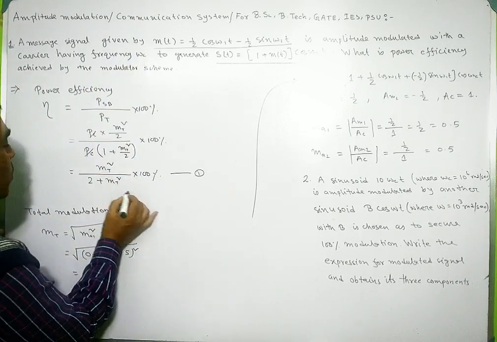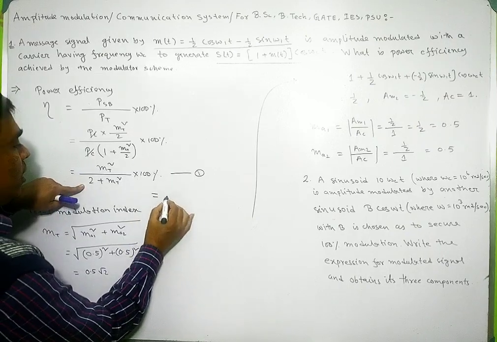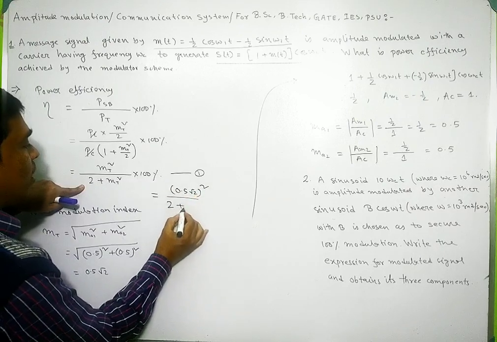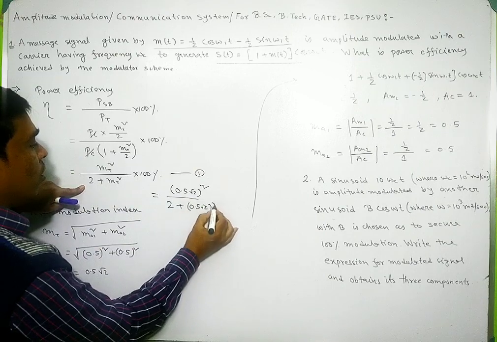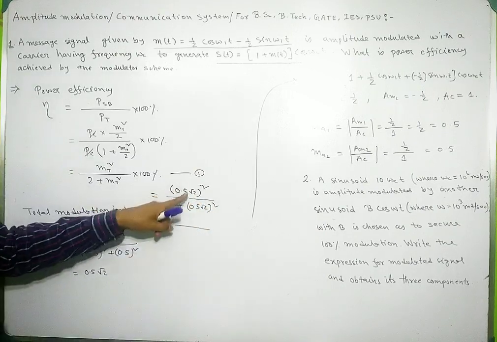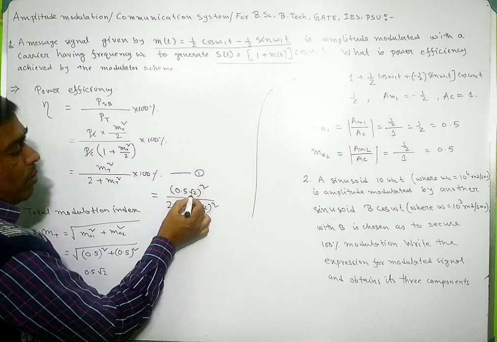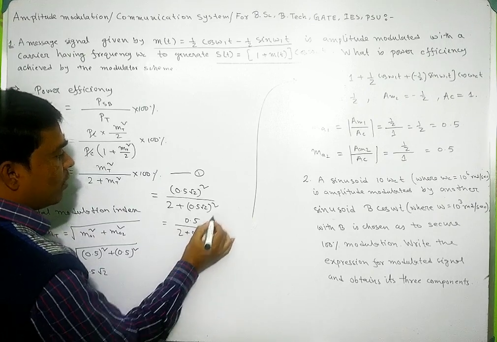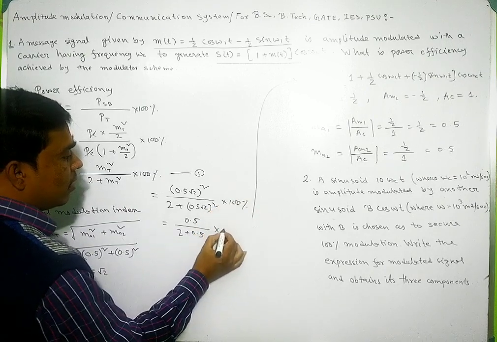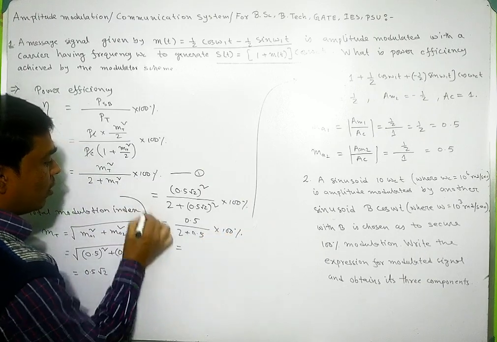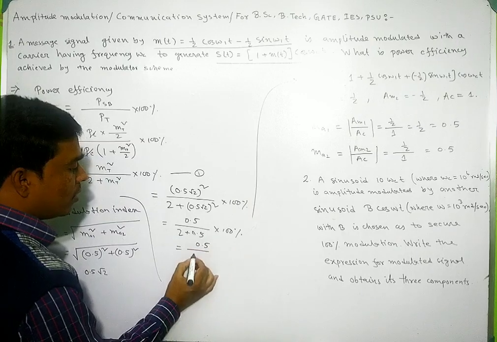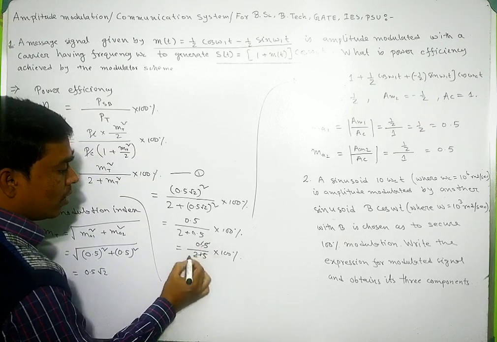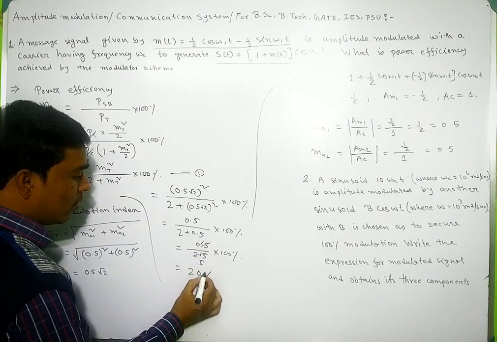So from this equation you can write that this is MT, so this is (0.5 root 2) whole square, and this is 2 plus (0.5 root 2) whole square, so it will be 0.25 multiplied by 2, that means it will be 0.5, and it will be 2 plus 0.5, and there will be a 100%, so this will be 0.5 divided by 2.5 into 100%, that means 20%.